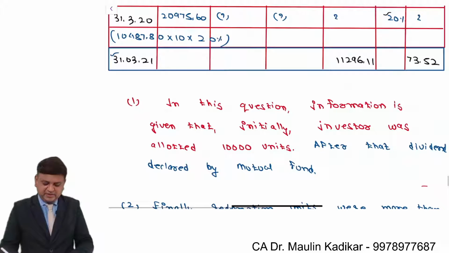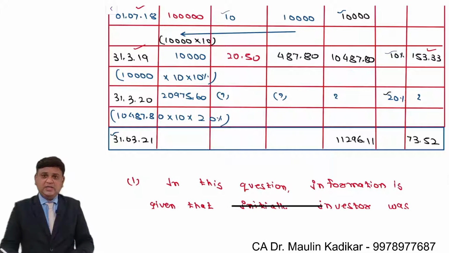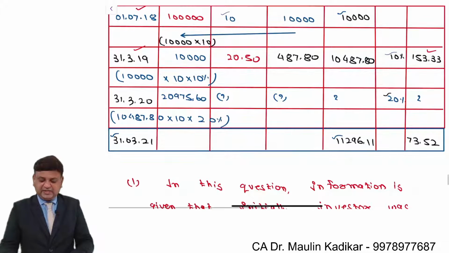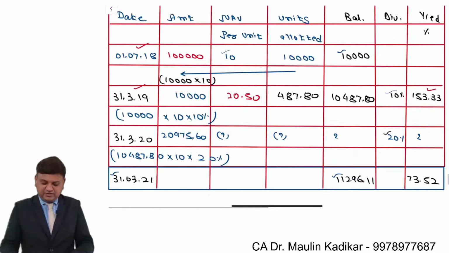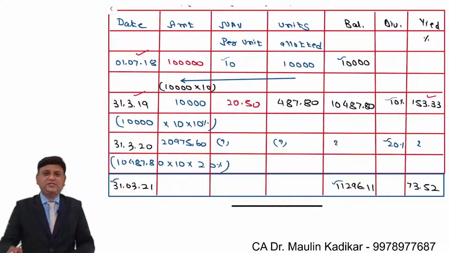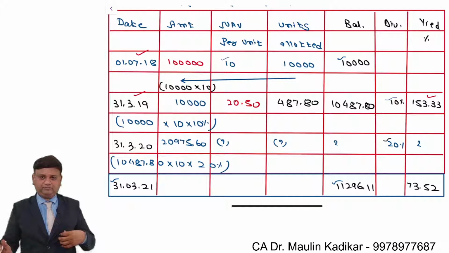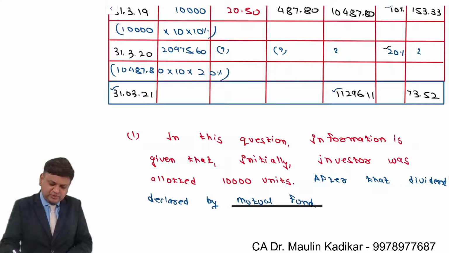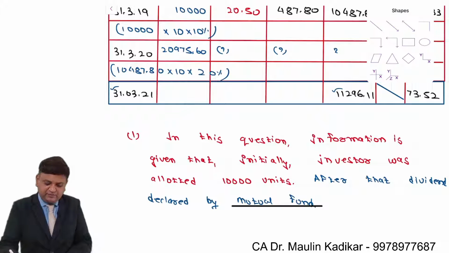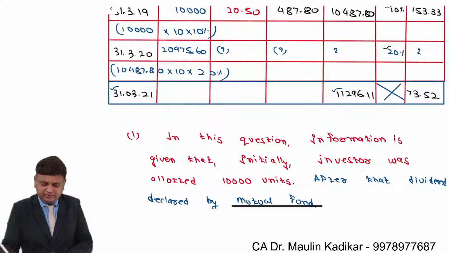On 31st of March 2021, the question is providing the information that you have redeemed all the units. Whether at that point of time any dividend was given on 31st of March 2021, write in the chat box please. We understand that no information is given to us with respect to the payment of dividend. So we assume that no dividend has been paid at that point of time.